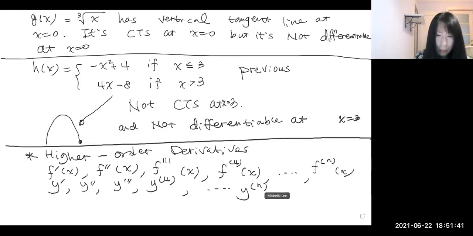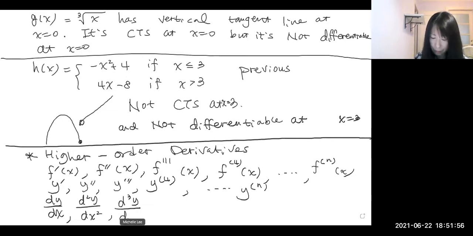And how about the dy over dx notation, right? Then second, third, and fourth. They're using numbers, right? From first, second, third.